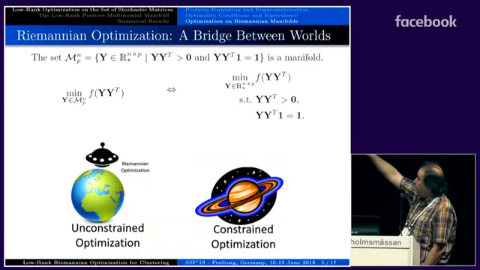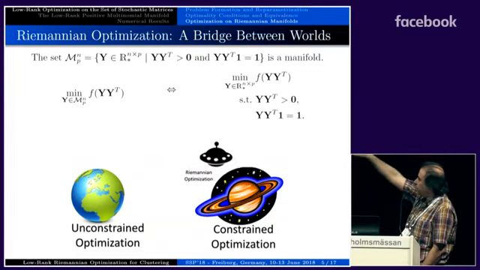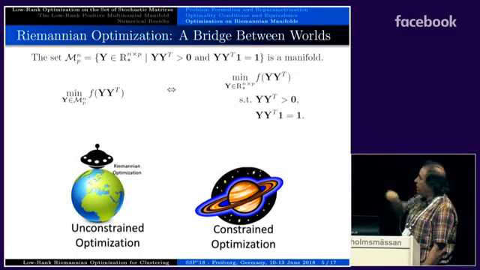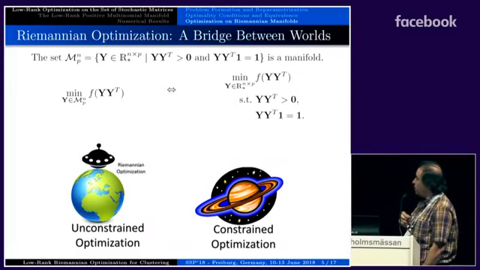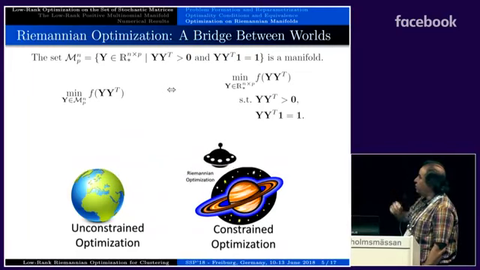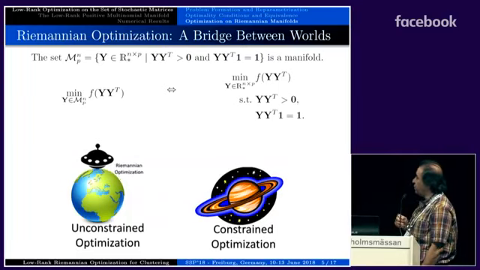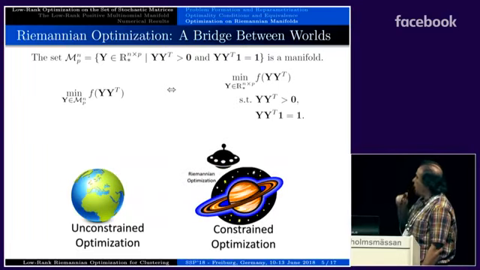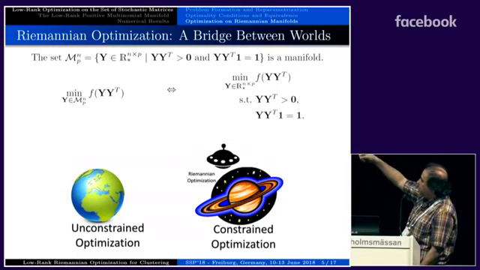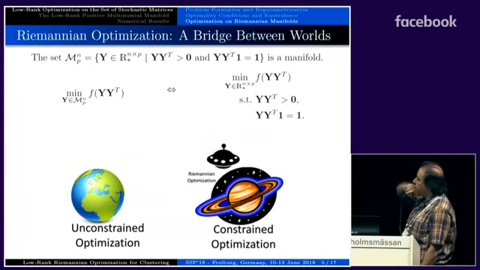So the problem I have here on the right we've seen before. The only change is that I took the inequality constraints on the entries of YY transpose and I made them strict, because I want to use Riemannian optimization. I need my set to be open to be a manifold. And so I want to replace the constrained problem with an unconstrained problem where I'm just minimizing over the manifold M sub P super N, which I've defined up there.